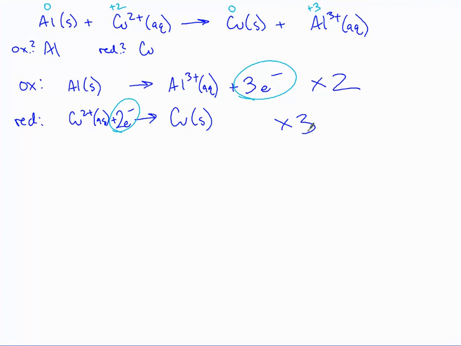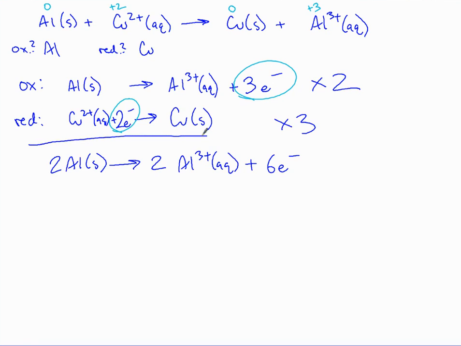And so what we end up with, 2 solid aluminums yields 2 aluminum ions plus 6 electrons. Draw a line and separate these. With the copper reaction, everything is times 3.